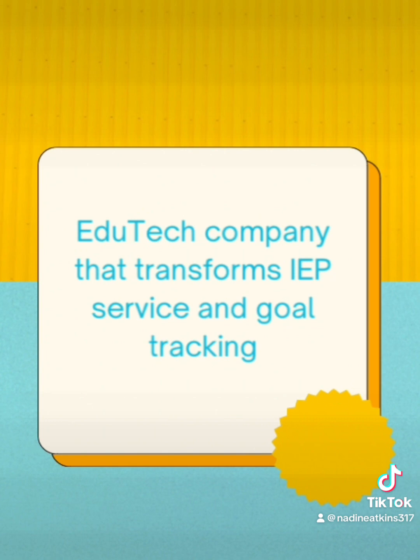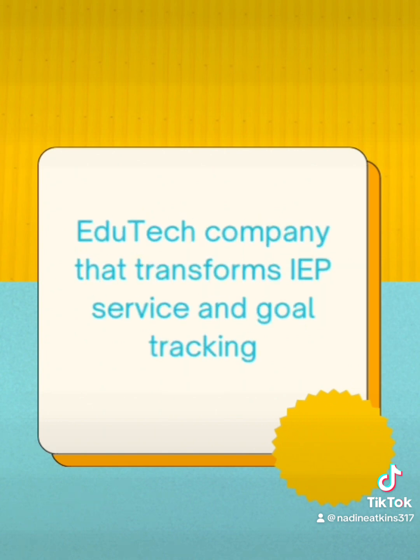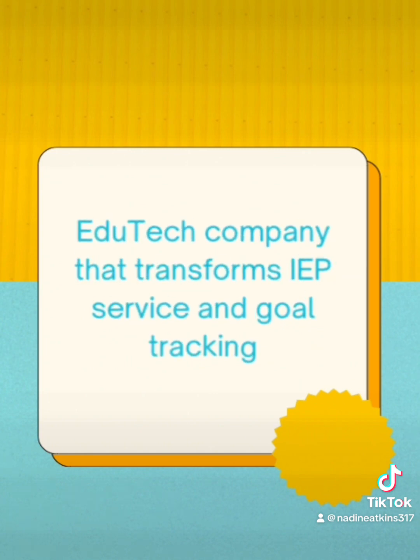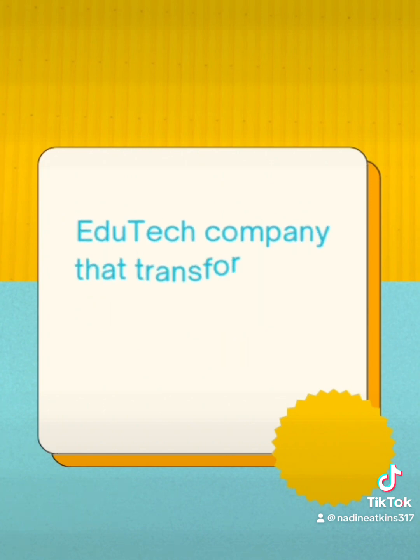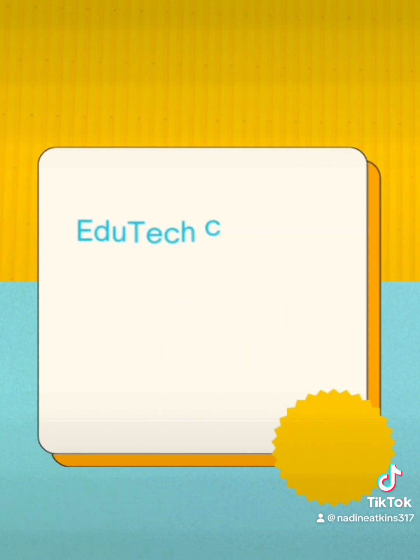So it allows you to have their goal in mind every time you're going to provide services for them. And it documents the minutes that you provide to the student. Everything is in one place, and you can share the data across the district. If you're in a district, you can share the data with different people.